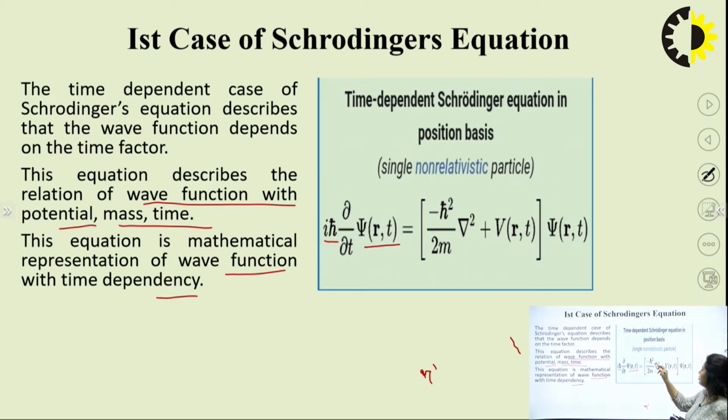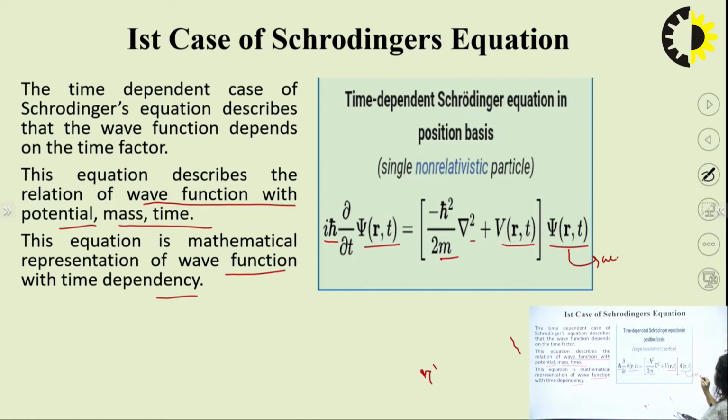Equals minus h cross square upon 2m, where m is the mass of the particle, del square, which as we have already discussed is the Laplacian operator, del square by del x square plus del square by del y square plus del square by del z square, times psi(r, t), plus V(r, t), the potential function, times psi(r, t), again the wave function.